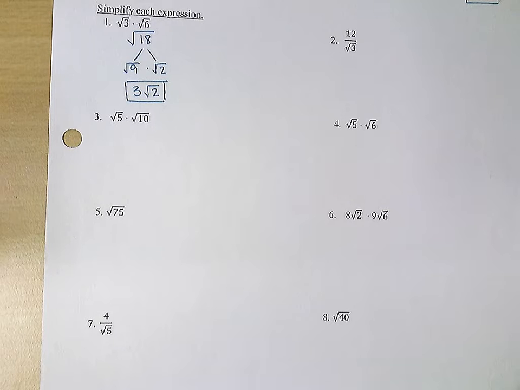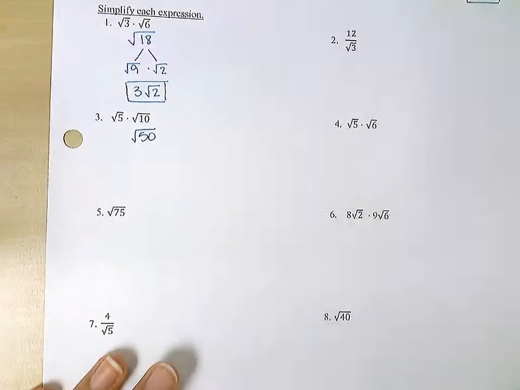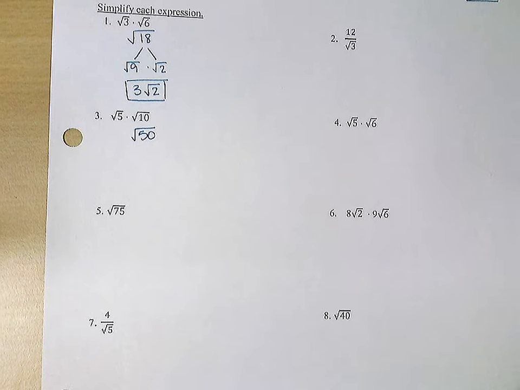So, I think most people got at least the square root of 50, right? Okay, I can simplify the square root of 50 further. Thinking about what goes into 50, is there anything I could multiply where I have a perfect square?